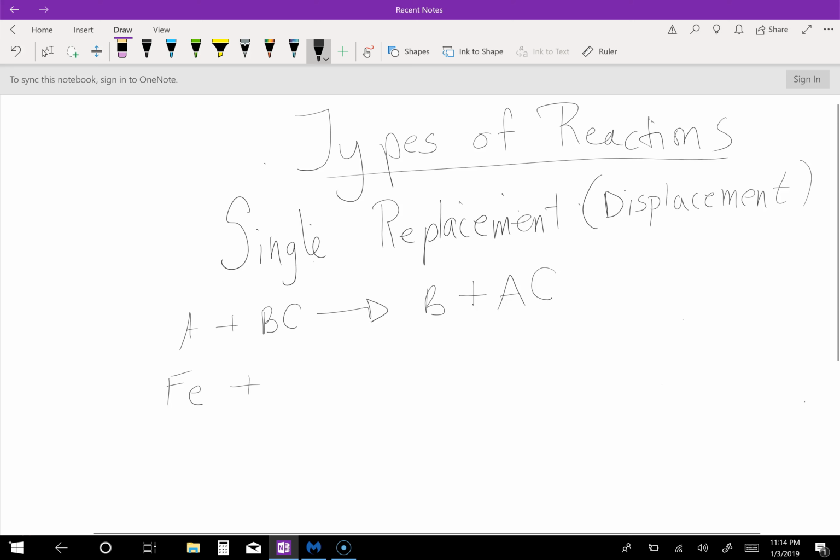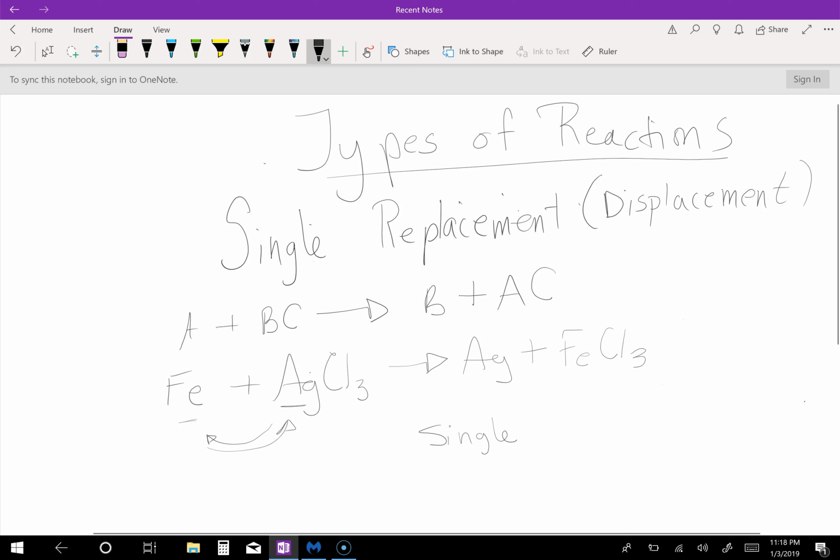Here is an example. Iron reacts with silver chloride to produce silver and iron chloride. We can see here that the iron was a free metal and replaced or displaced the silver from the chloride.